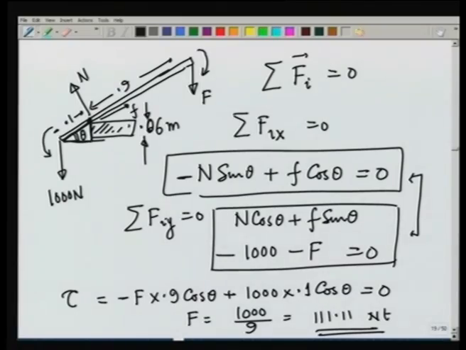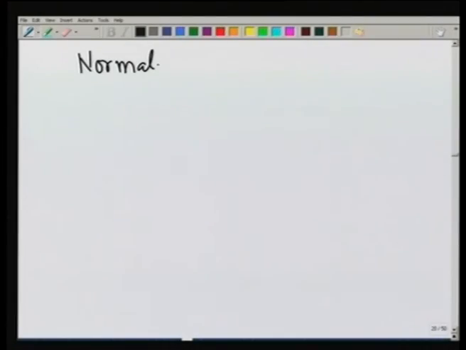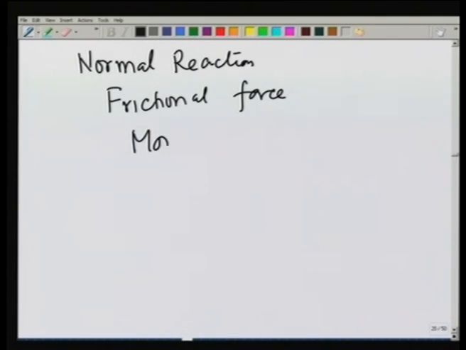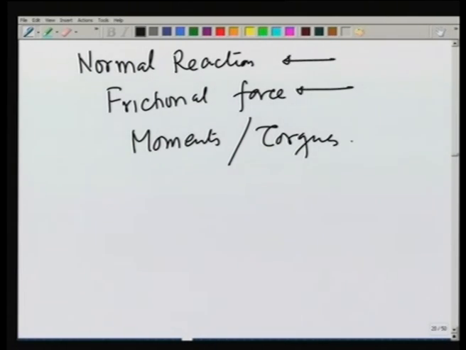So, in these two examples you saw that I have used terms like normal reaction, frictional force, moments, torques, etc. So, now we will specialize and look at each of these things more carefully.